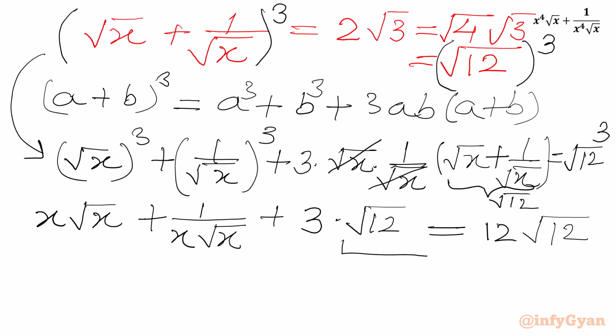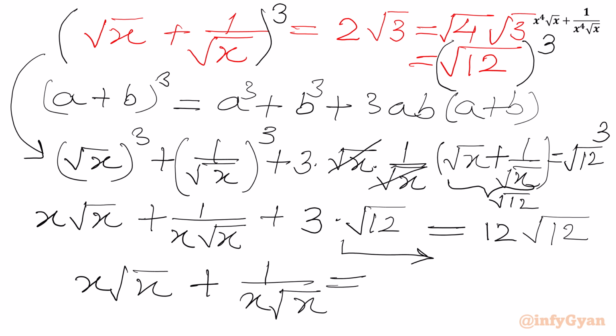Now I will take this term to the RHS, or let's subtract this term from both the sides. We will get x root x plus 1 over x root x equal to 12 root 12 minus 3 root 12. This will give us 9 root 12.